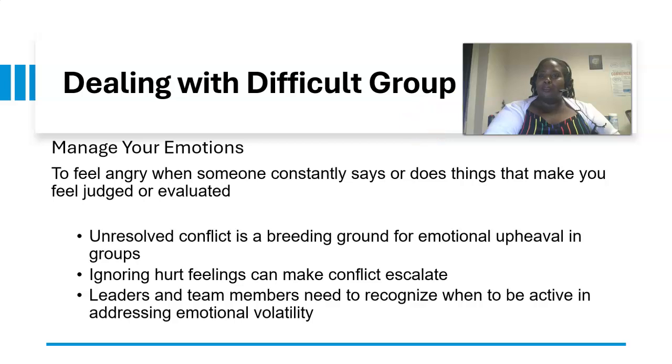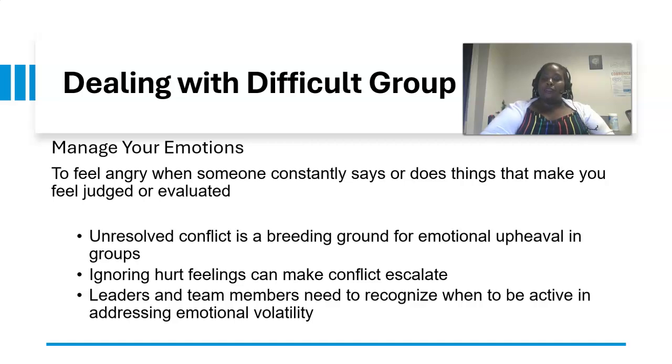Dealing with difficult group members. We want to make sure to woosah, calm down, and manage your emotions. Yeah, it's normal to feel angry when someone says something that makes you feel judged or evaluated. Lean on group members for support. And of course, as your instructor, I am here to help you as well.